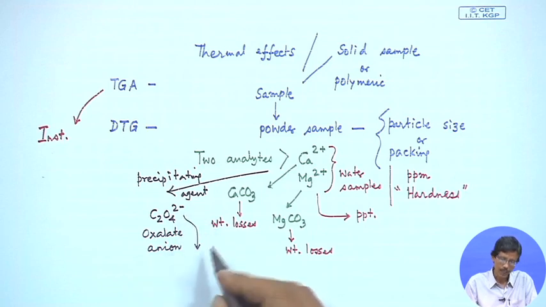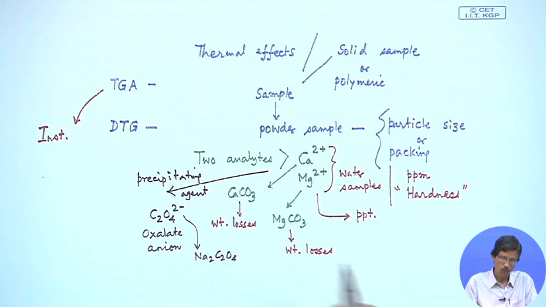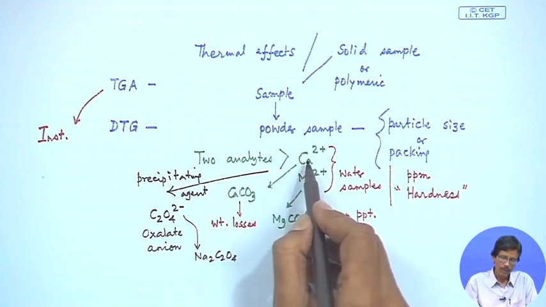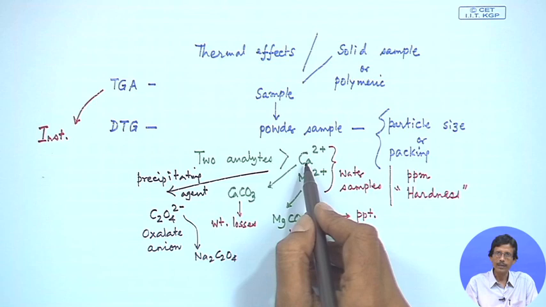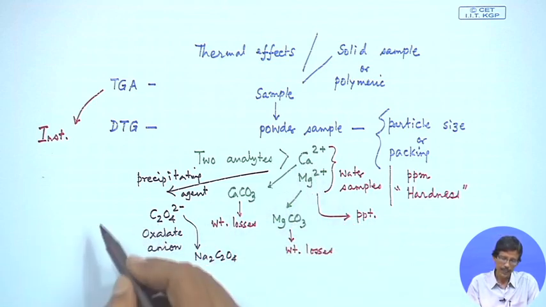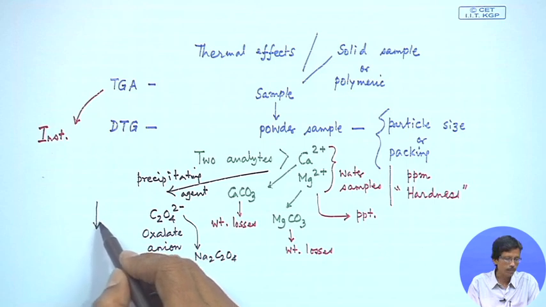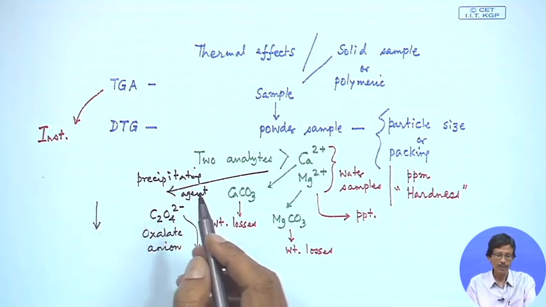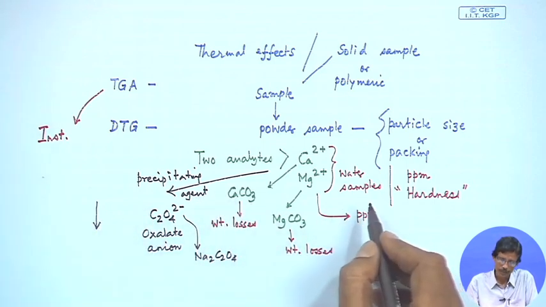So, directly we can use Na2C2O4. With the bivalent cations calcium 2 plus or magnesium 2 plus, they immediately bind and give rise to the corresponding precipitates of calcium oxalate and magnesium oxalate.